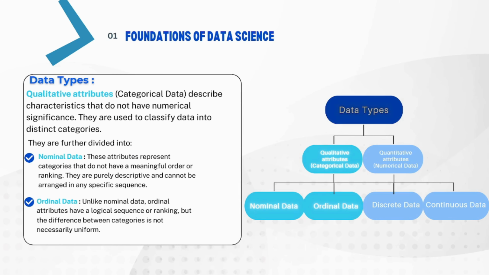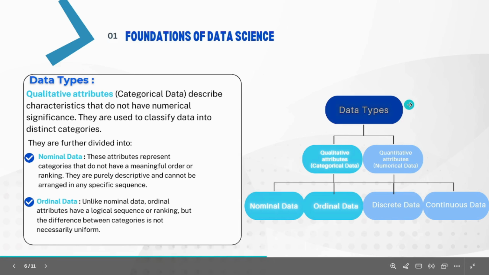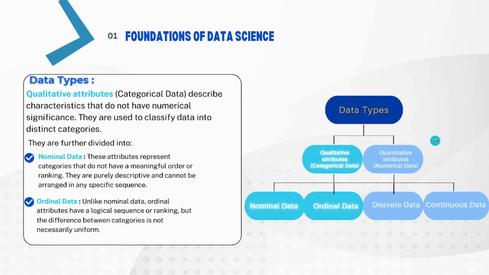Now that we have answered the what, it is time to look at which, as in which types of data are out there. This diagram illustrates the two main groups of data types. We have qualitative data and quantitative data.